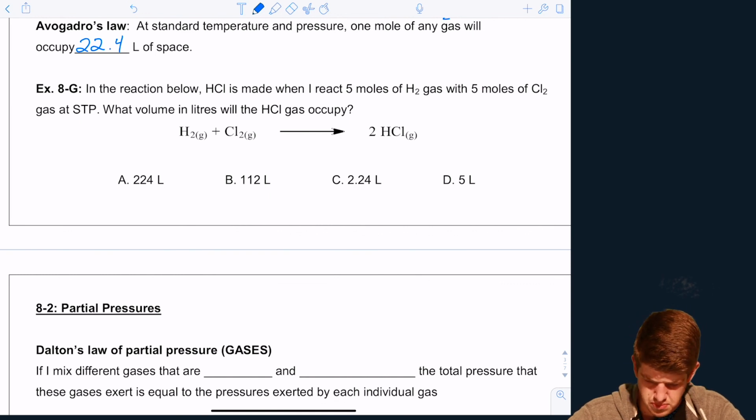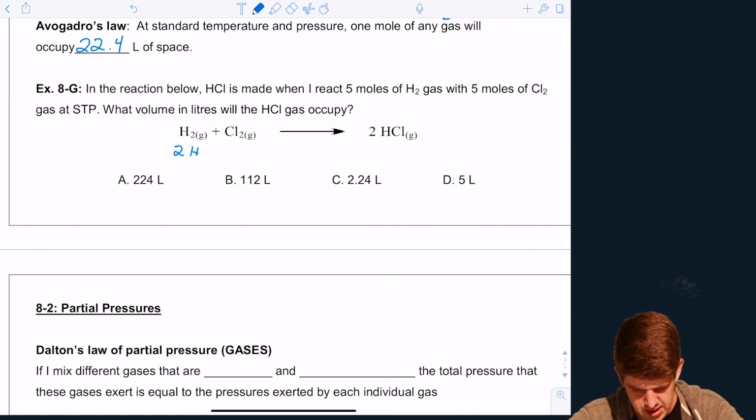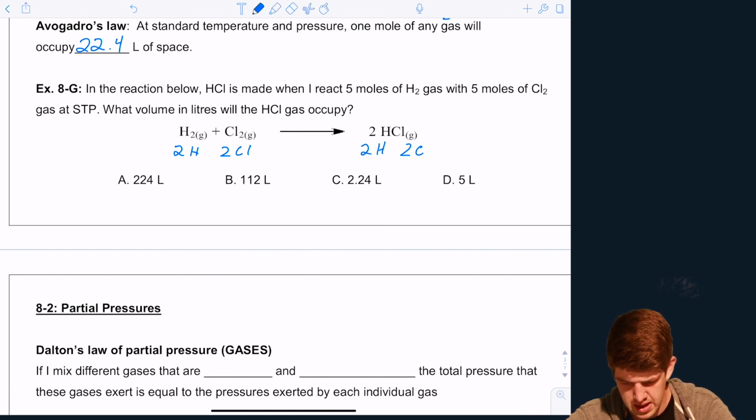All right. So this is bringing in a number of things now. First of all, I should ask myself automatically, is this equation balanced? Well, I have 2 hydrogens and 2 Cl making 2 hydrogens and 2 Cl. So I'm good there, no tricks.